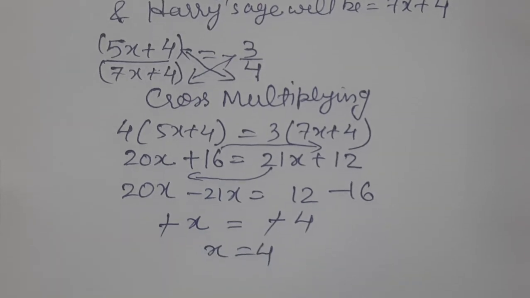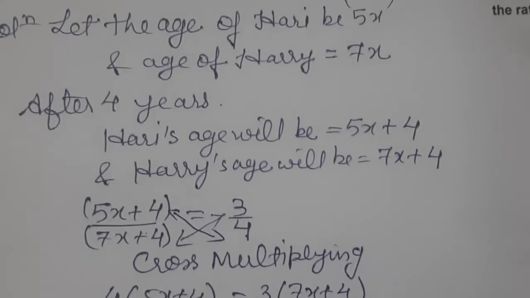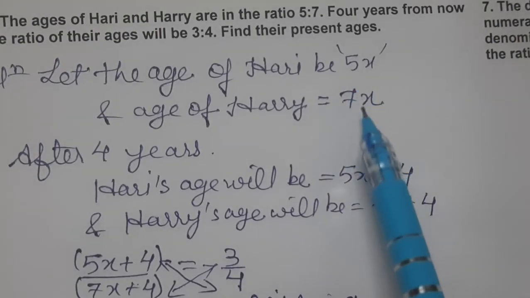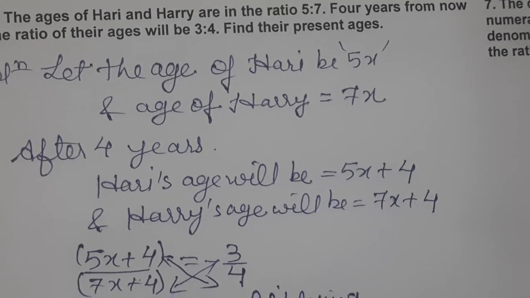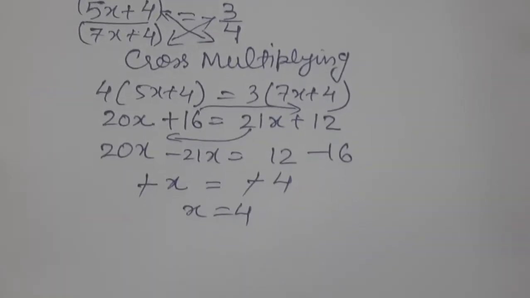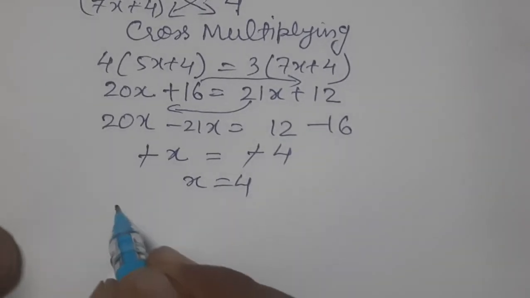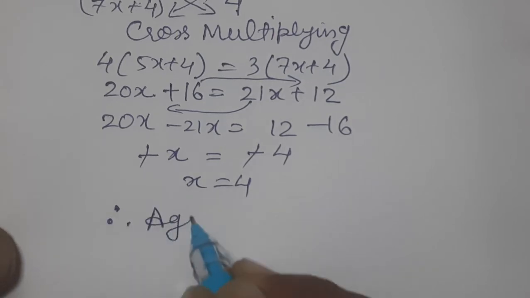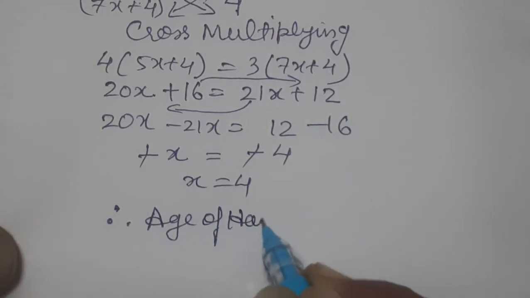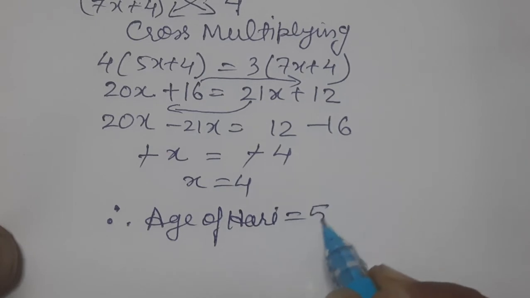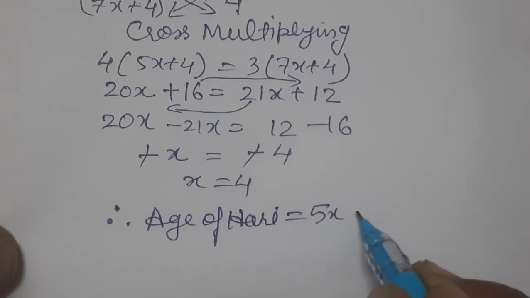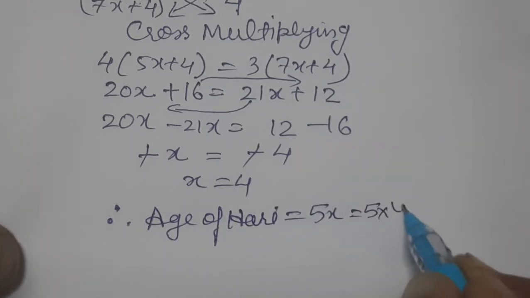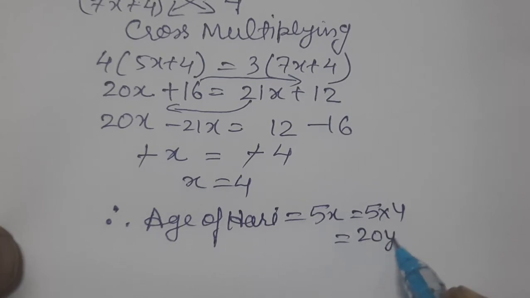Now we need to find the ages. What are the ages of Hari and Harry? See, what we assumed? This is 5x and 7x. So, we'll multiply with 4. Therefore, age of Hari, 5x means 5 4s are 20. 20 years is the age of Hari.